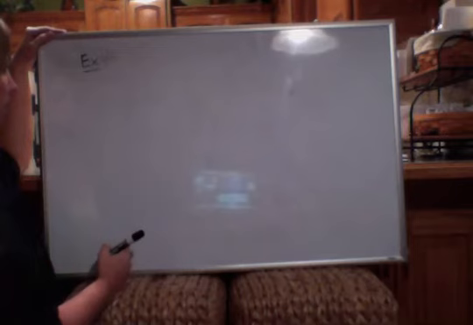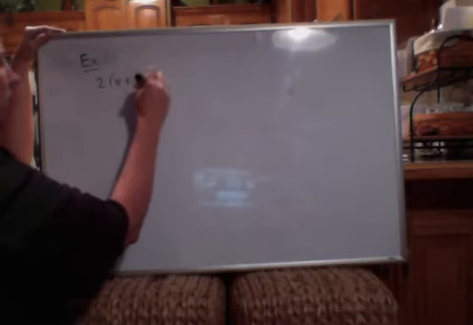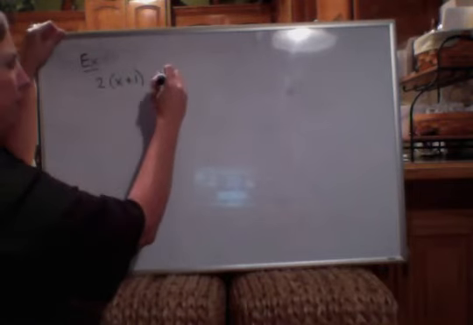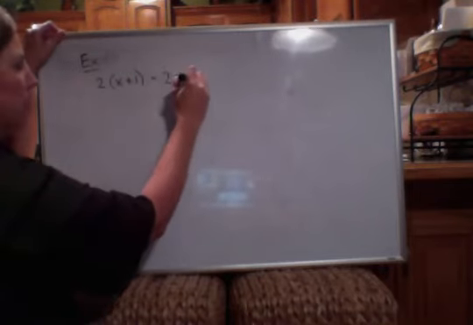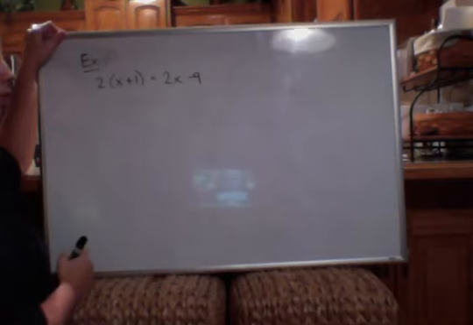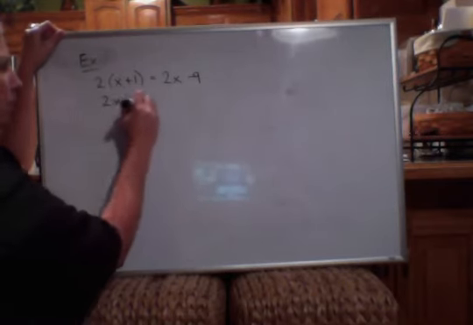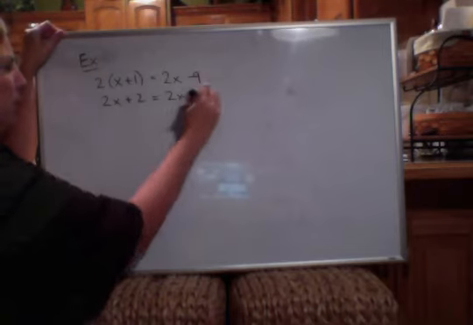For instance, if I have something like 2 times (x plus 1) is equal to 2x minus 12. Now let's make that 9. 2x minus 9. Okay? And if I try to solve this one, I'm going to get 2x plus 2 is equal to 2x minus 9.